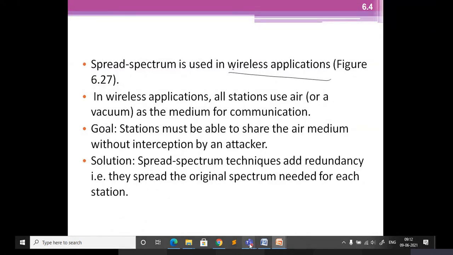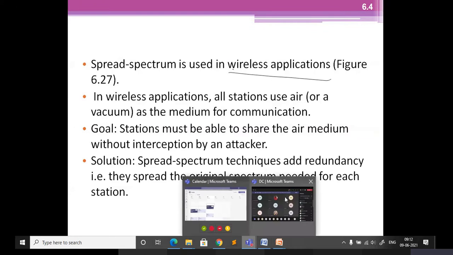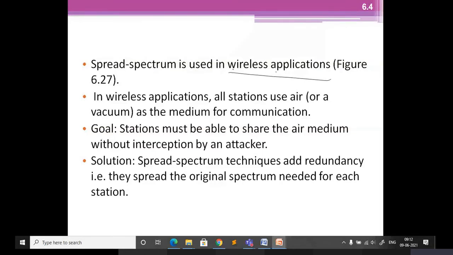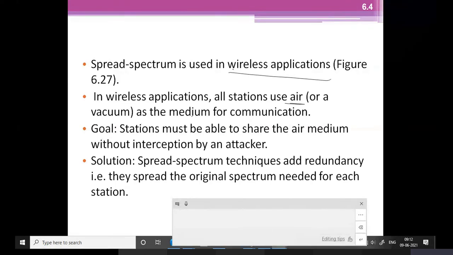So spread spectrum is normally used in wireless applications. What is the meaning of wireless here? In wireless applications, all stations use air as the medium for communication.